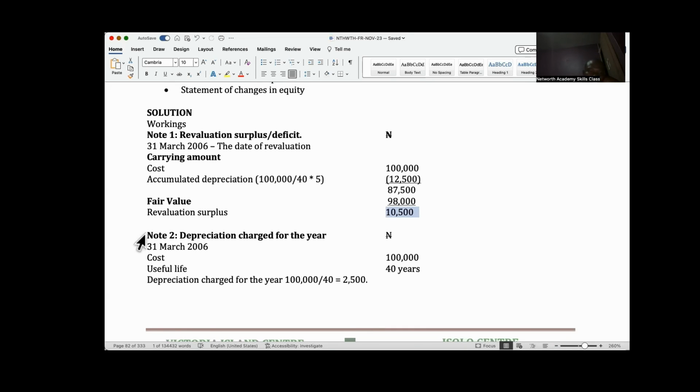This one also asks us to determine depreciation for the year, which is already determined as part of this. So I just expressed it out for you here. It's still 100,000 over 40 years, which is 2,500. So that's how we will still do our depreciation for that year, since this revaluation took place at the end of the year.